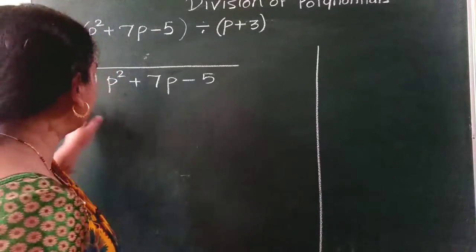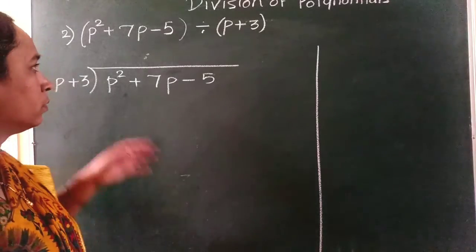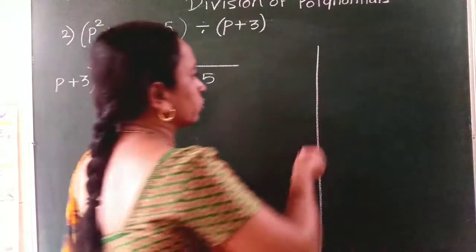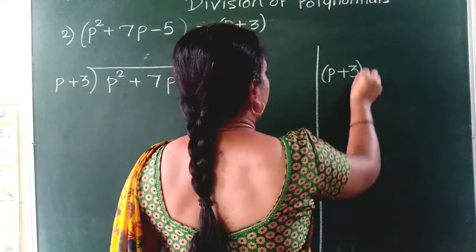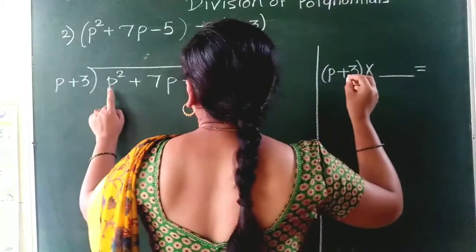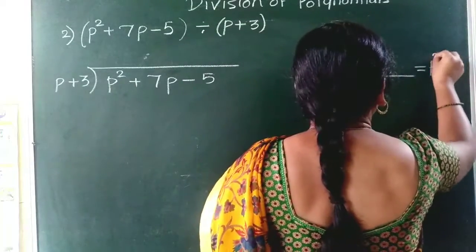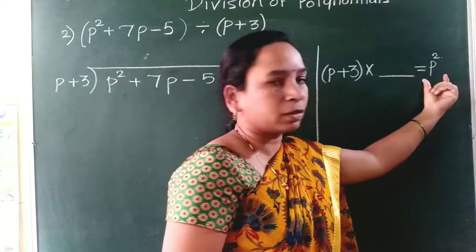Second example. p square plus 7p minus 5. We have to divide by p plus 3. So I take the divisor p plus 3 and multiply by which term to get the first term? I need p square. Compare the first term with this.